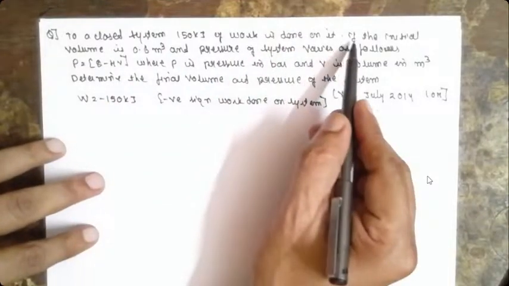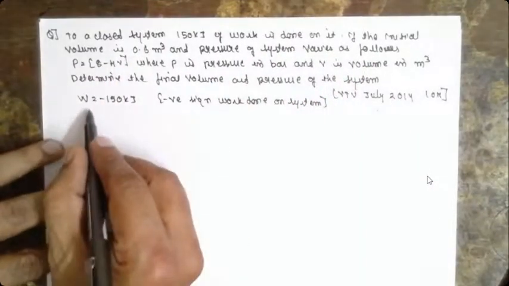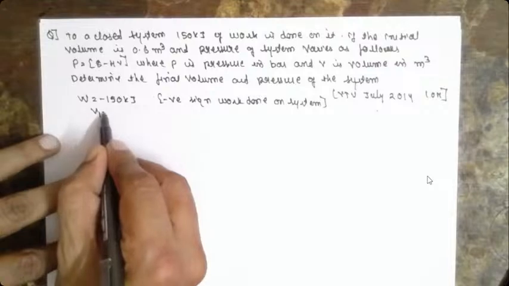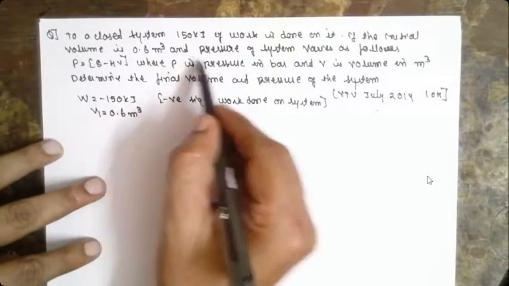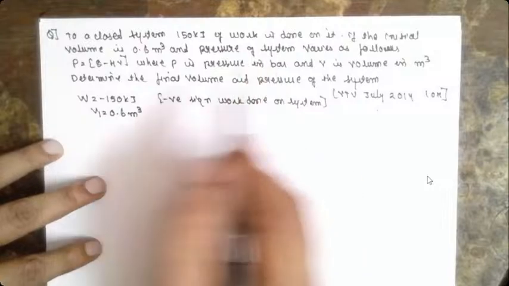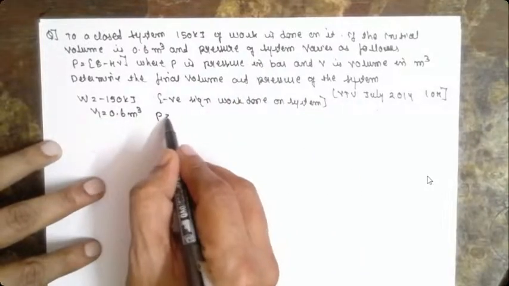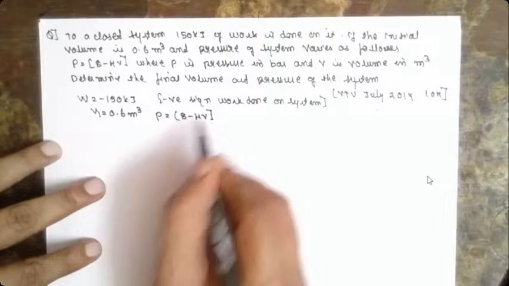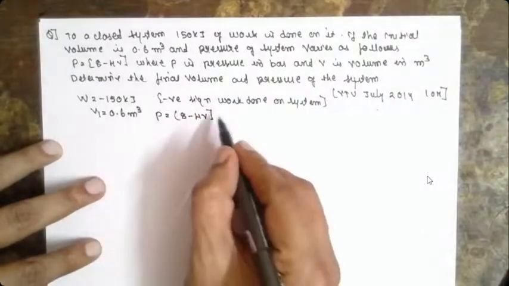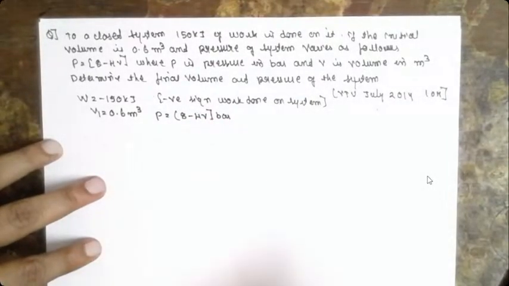And if the initial volume V1 is equal to 0.6 meter cube, and the pressure of the system varies as 8 minus 4V. It will be in terms of bar.